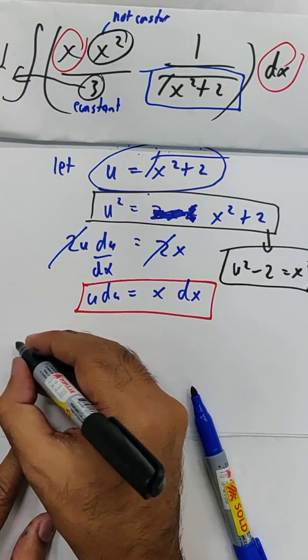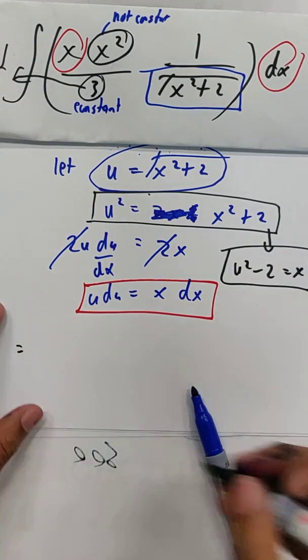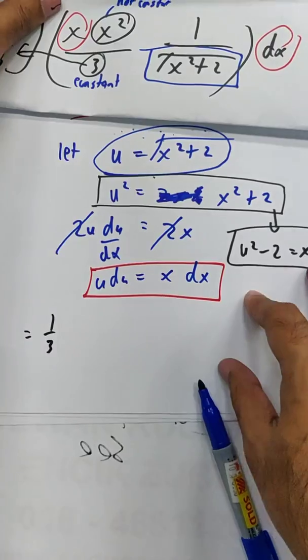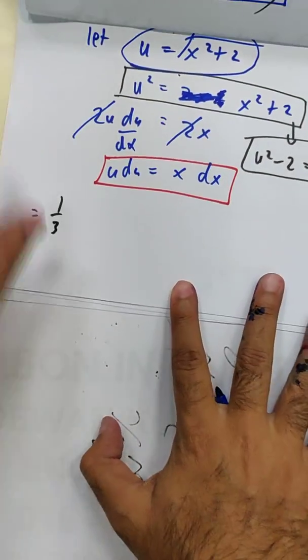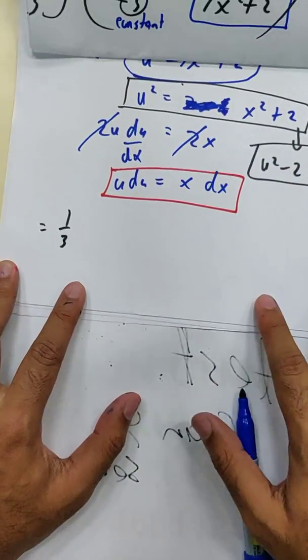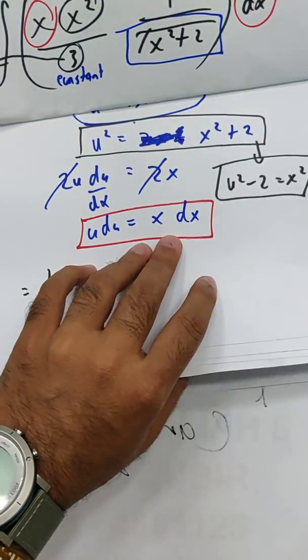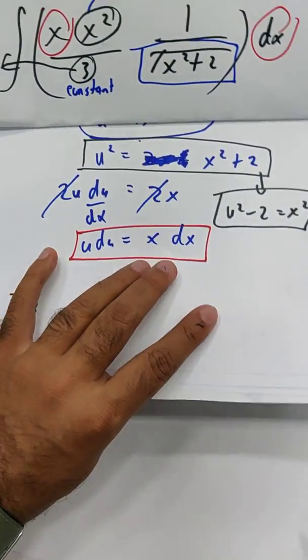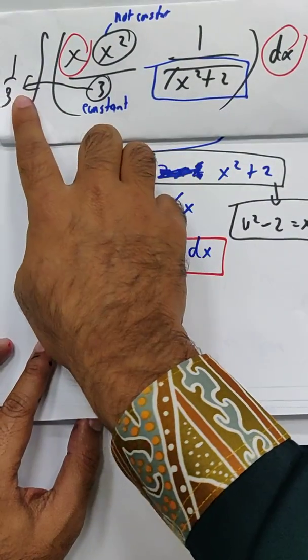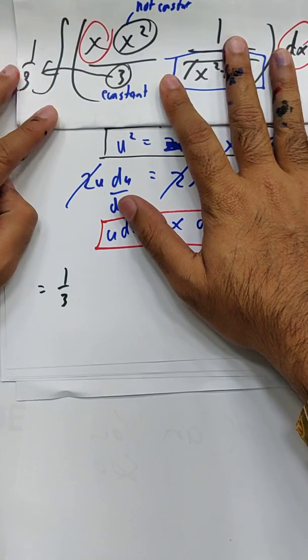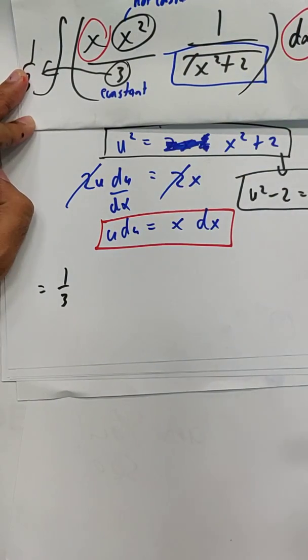Okay, now be very, very careful. 1 over 3 is outside. Can you see them?